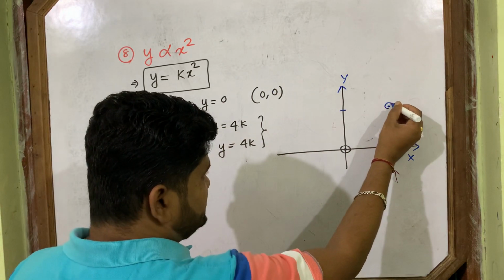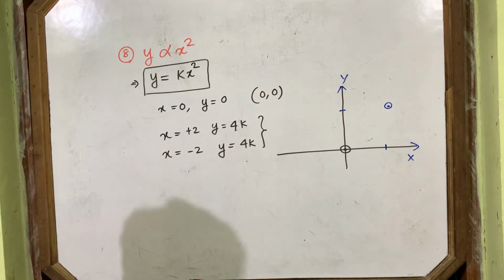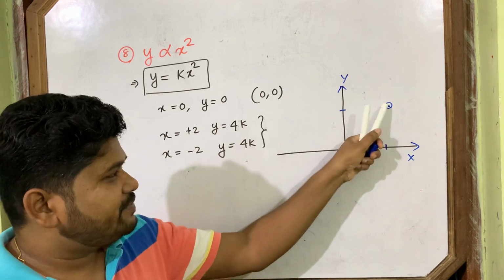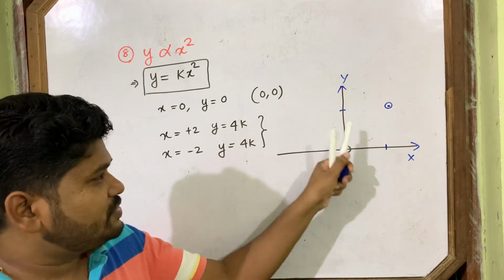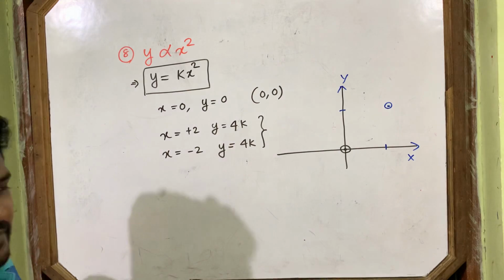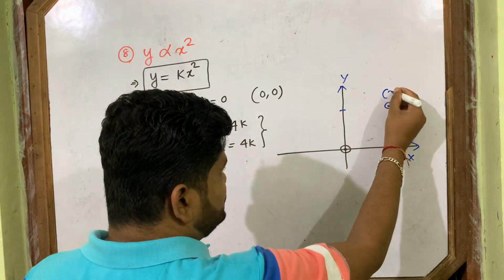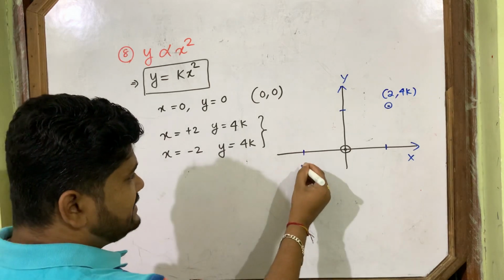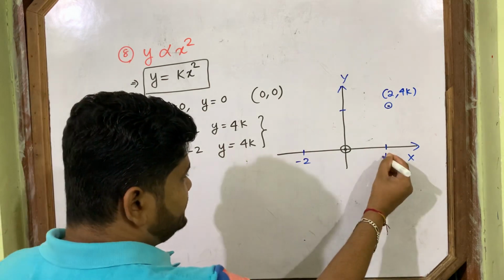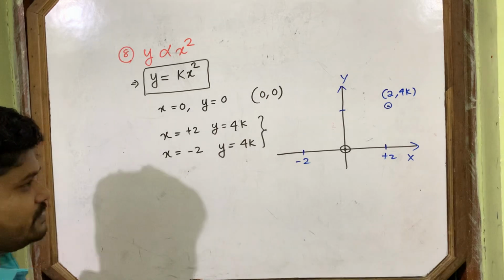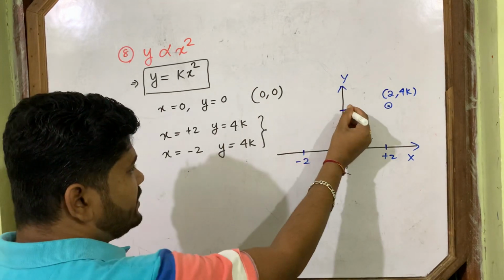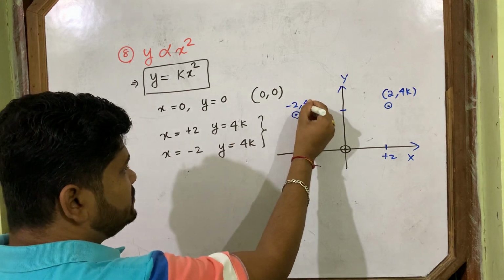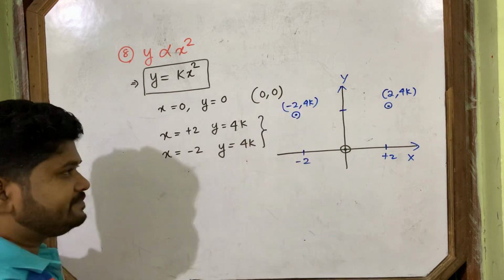So this is the point, 2, 4k. When x is minus 2, also it's 4k. So this point is minus 2, 4k.